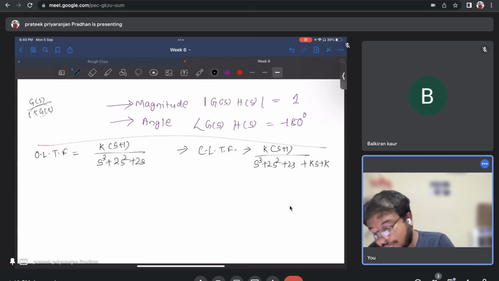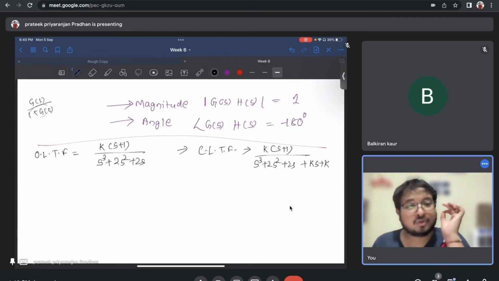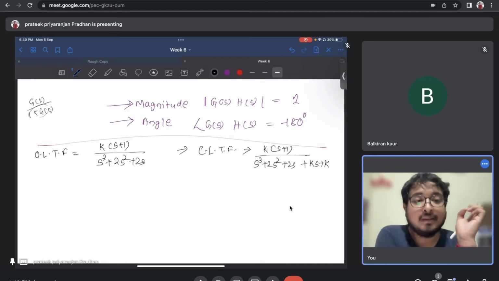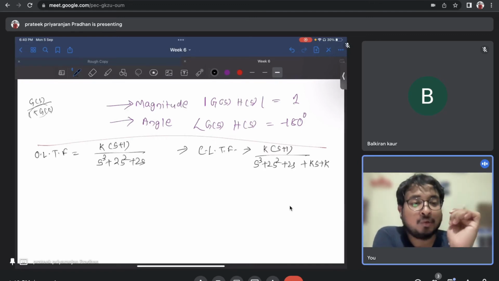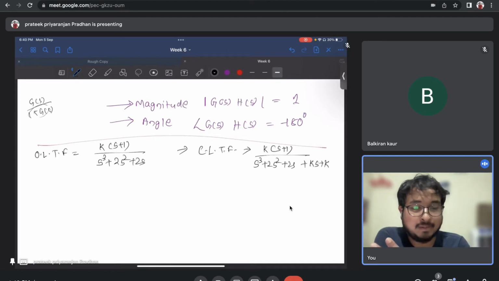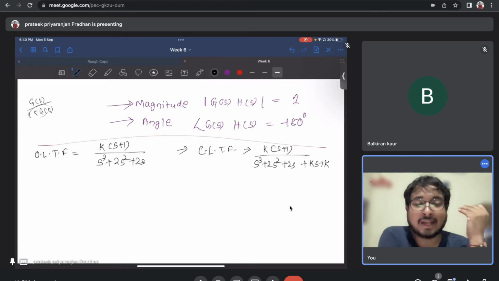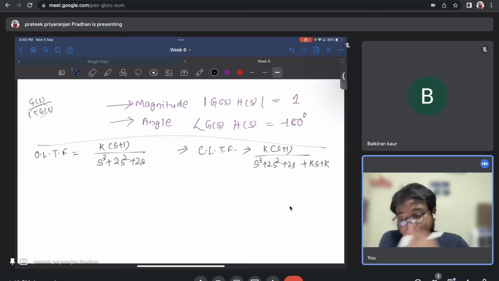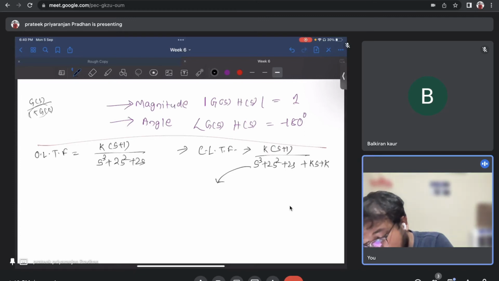Then for the closed loop transfer function to be stable, all the poles of the closed loop transfer function must be on the left hand side of the plane. I have been repeating that since the second live session. So my condition is all the poles must lie on the left hand side.